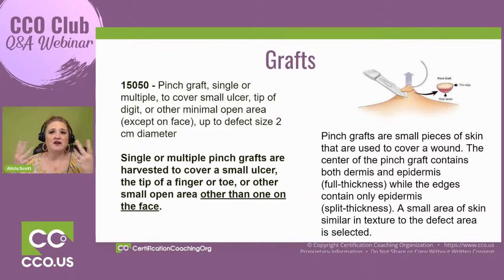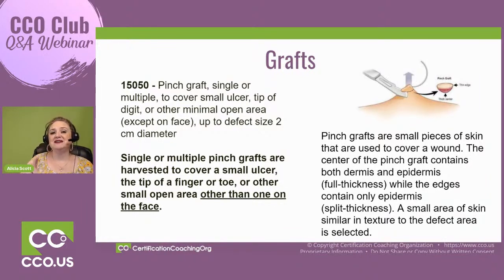But they were talking about fingers and toes being areas where pinch grafts a lot of times are used. So single or multiple, it doesn't matter. That means that if you ever see 15050 with a x4, that's not going to be applicable, because single or multiple is in the description. It's to cover a small ulcer, tip of a digit, or minimal open area.